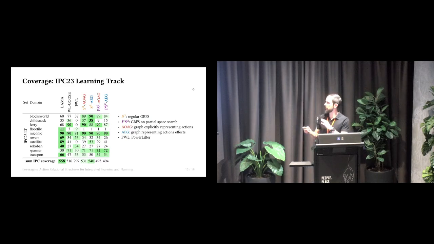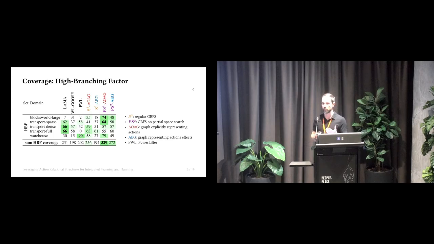Part of it is that there is a fair amount of domains there that don't have an insane branching factor. For this reason, we also look into the high branching factor domains, and that's why we have PowerLifter here. And what we can see now is that the partial state search really pays off, right? Here we have Blocksworld large, with problems with thousands of blocks where very few of them are relevant.